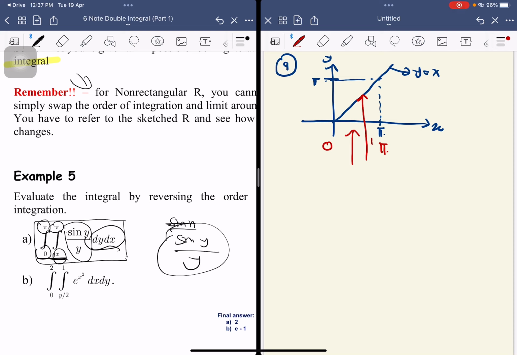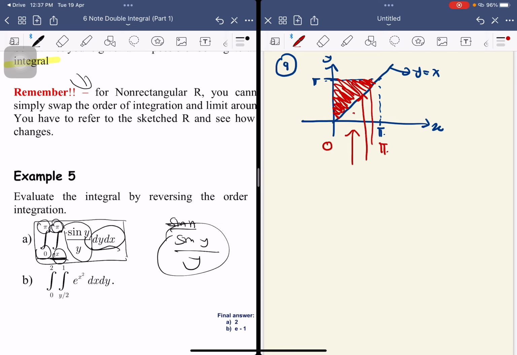Then if we move upward, it's going to meet the line y equal to pi. So the region is on this side, this triangle, identified based on the original order.